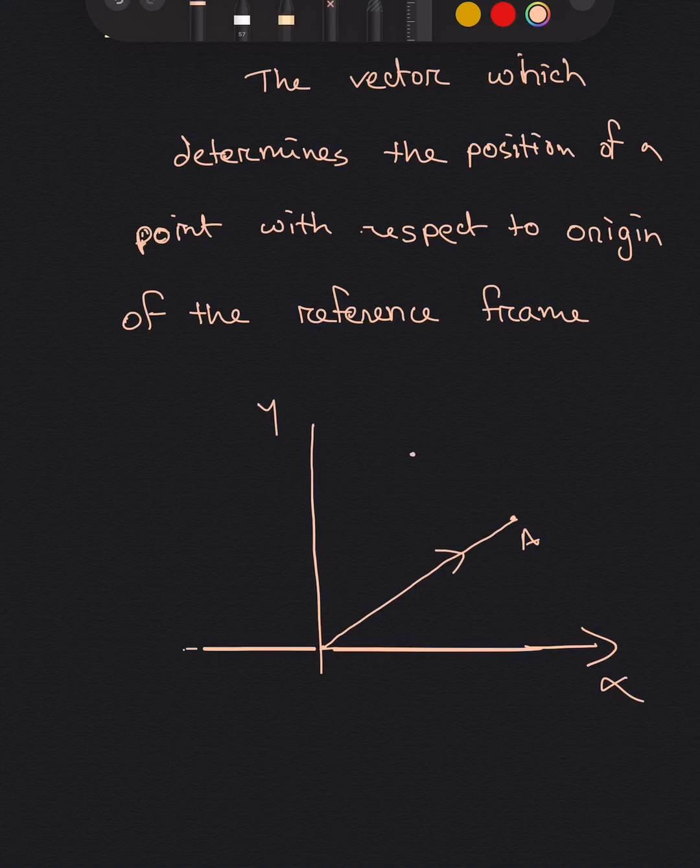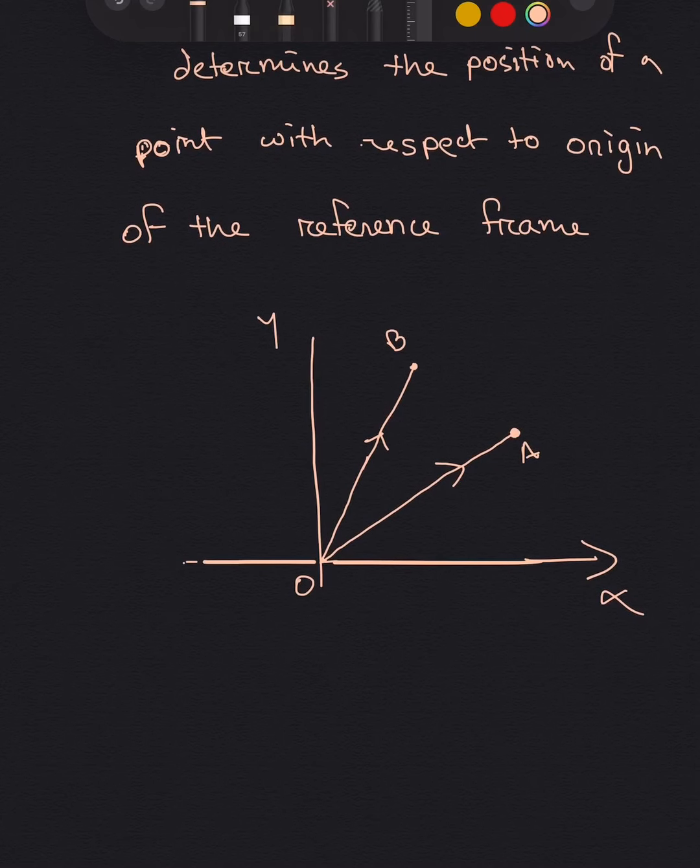Again, if B is a point and if the position of B point is determined with the help of the origin, then this vector will be called B vector. So my question is, if the position vector of A is OA and the position vector of B is OB, then what will be the value of AB vector?